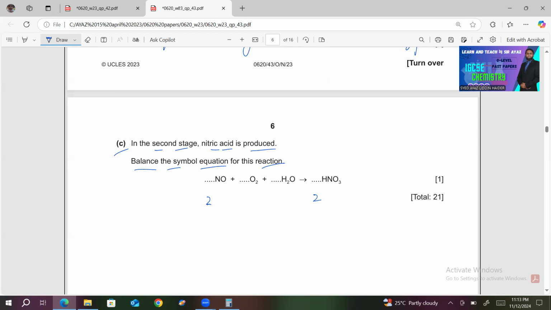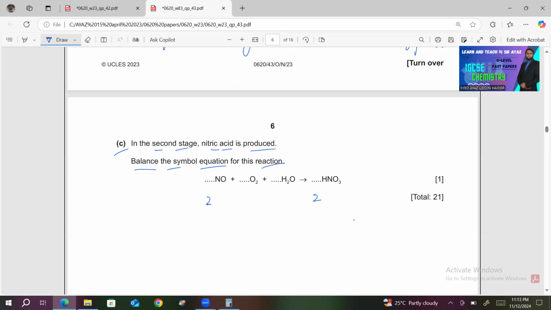This makes oxygen 6 and hydrogen 2. So can we balance oxygen on the left-hand side? No, we can't balance it because there will be 6 oxygens on the left-hand side.